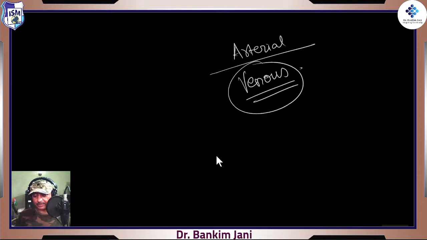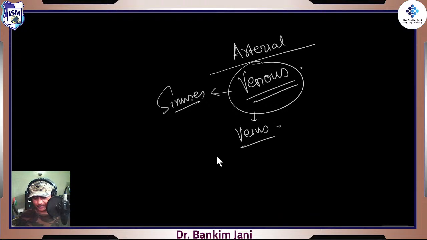And in that venous system, tomorrow it will be still more important because we'll be talking about venous sinuses, plus obviously the rest of the veins, etc. All those things will come. But these venous sinuses, they will be like our chief guest.